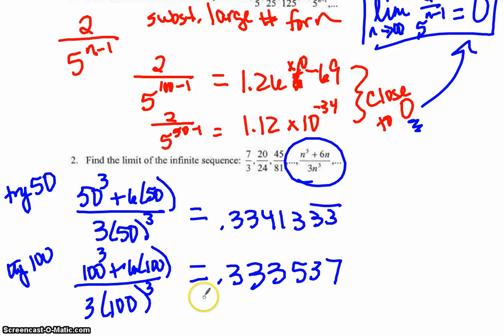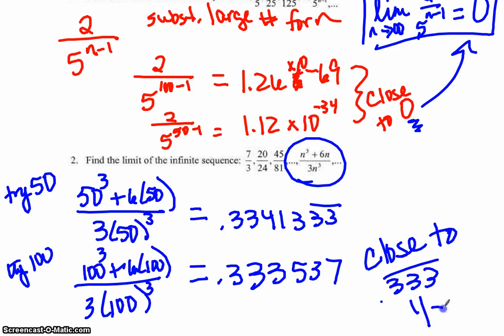Okay, what common decimal is this really close to? Would you agree that this is really close to 0.333 repeating, which we know is 1/3? Okay, so that means that your answer is going to be the limit as n approaches infinity of n to the third plus 6n all over 3n to the third equals 1/3.